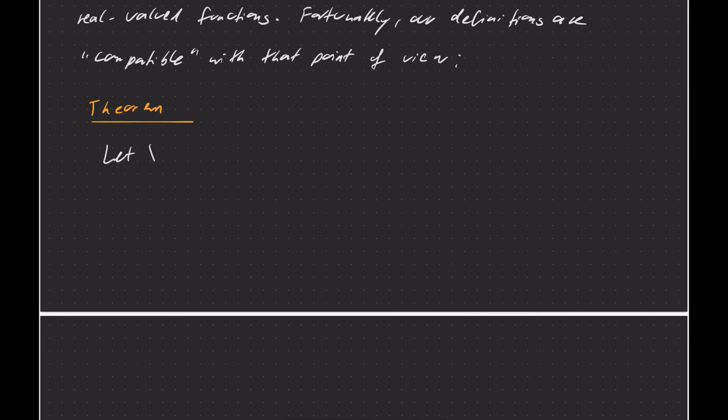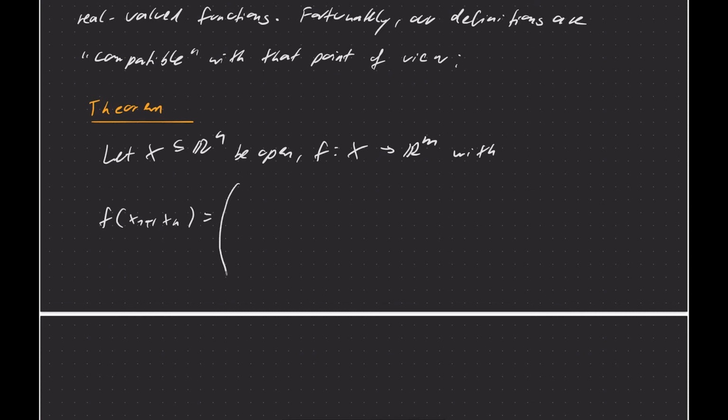So let X be a set in R to the n, be open, f a function on X to R to the m with f of x1 to xn being the vector f1(x1, ..., xn) to fm(x1, ..., xn).